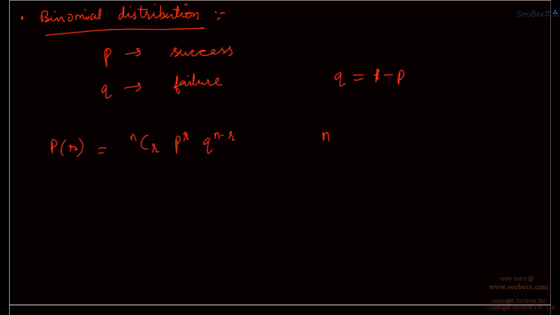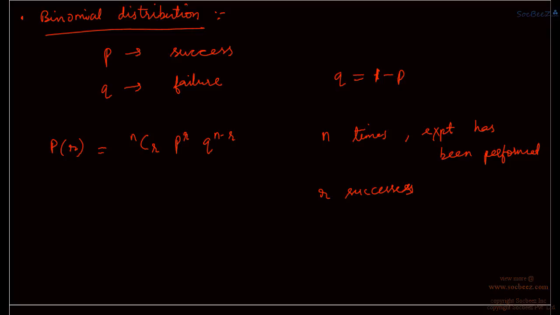What this means is I repeat my experiment n times, and I want to see the probability of r successes. Suppose I toss my coin 100 times, and I want to know the probability of, say, 40 heads.